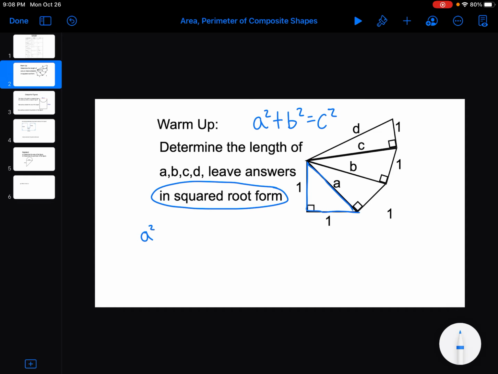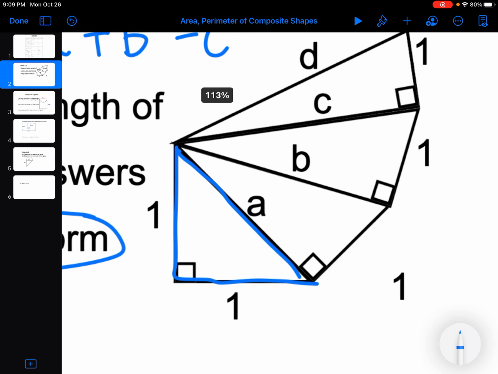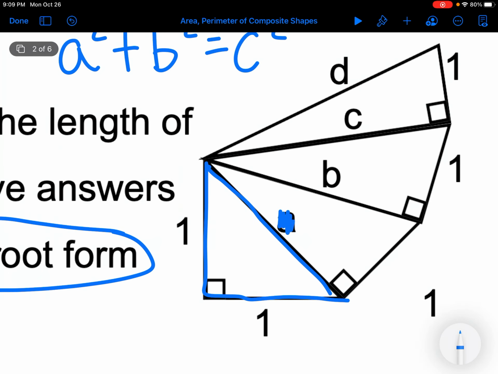A squared equals 1 squared plus 1 squared. Well, 1 squared is 1, so that's 1 plus 1 is 2. Then we're taking the square root, so we know a is the square root of 2. It said leave in square root form, so that's the first one, the easiest one. For the second triangle, instead of a, we've got root 2.